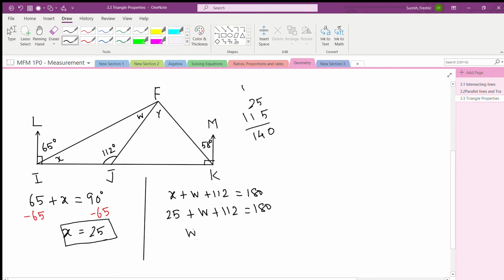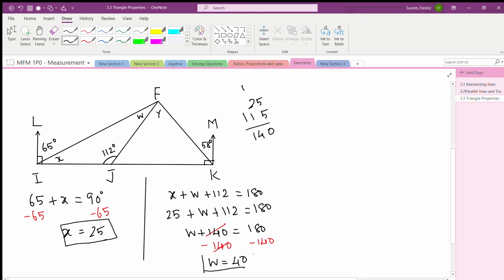So we have W plus 137 equals 180. And to get the value of W, subtract the 137, subtract the 137, cancel, cancel, and W would equal 43 degrees.